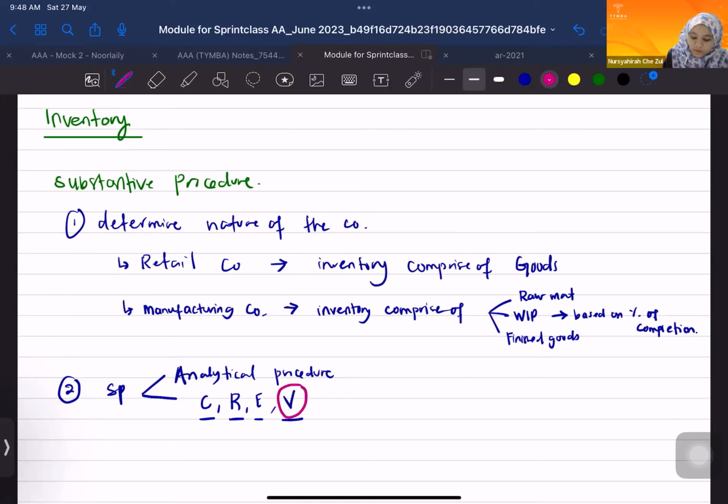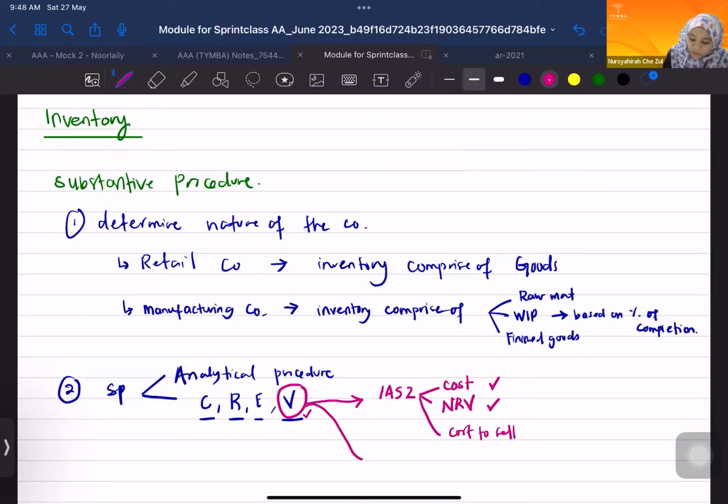For valuation, you can think about your IAS 2, which talks about the cost and NRV. If you perform a procedure to verify cost, to verify NRV, or cost to sell, it falls under the valuation assertion.